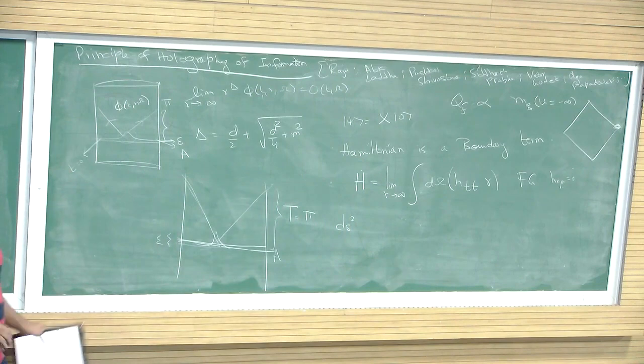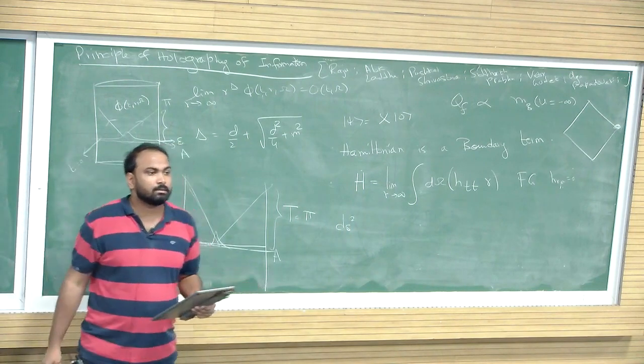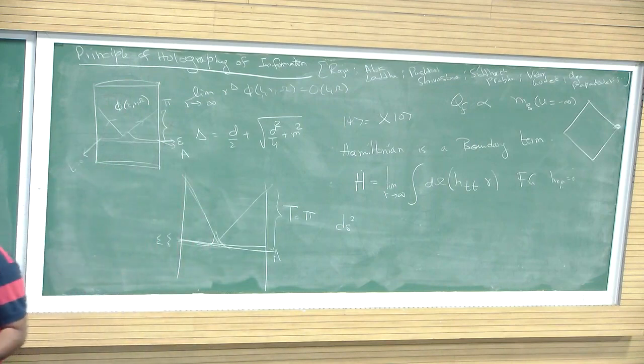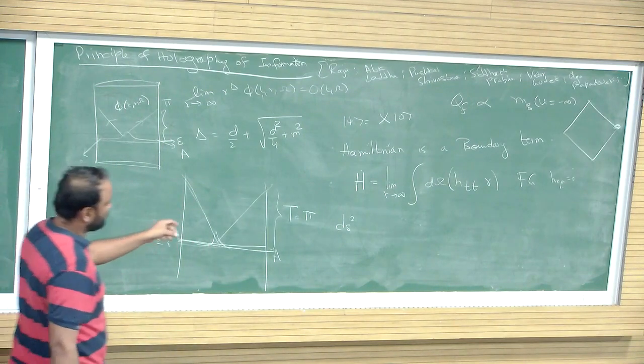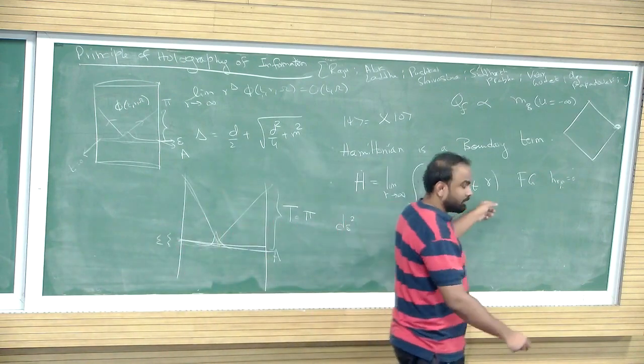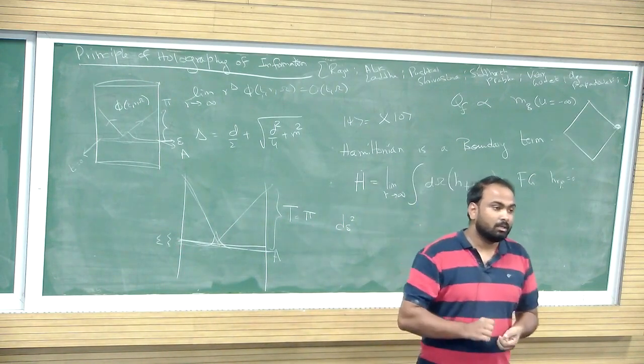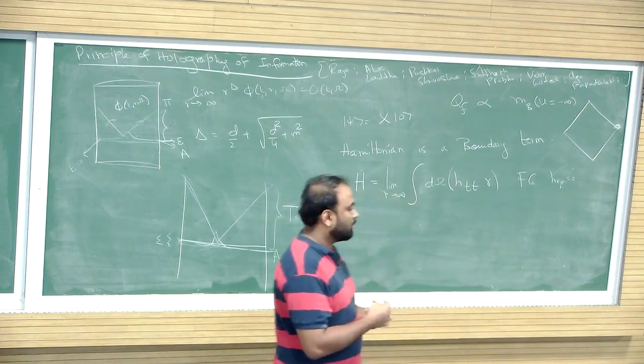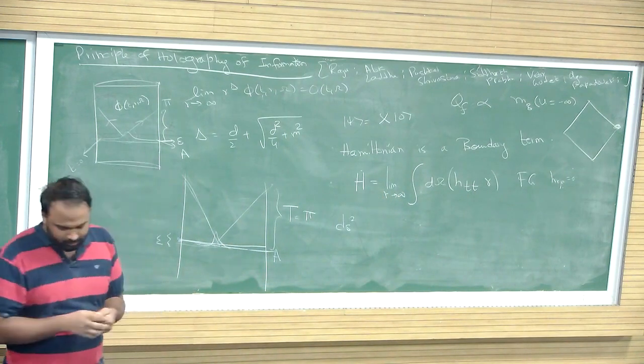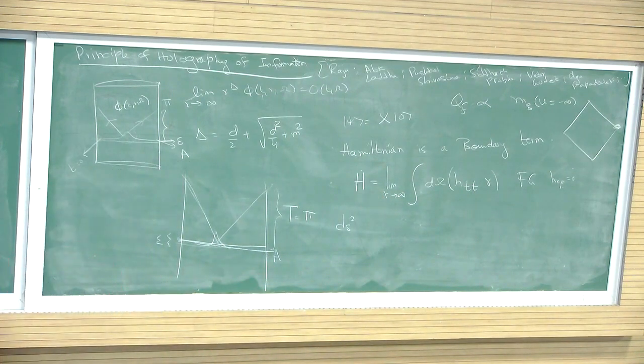Okay. So you have written this expression in Fefferman-Graham gauge. Yeah. There's a more general expansion in any gauge. If you've just worked in the Fefferman-Graham gauge, then I do not see how to immediately see that.